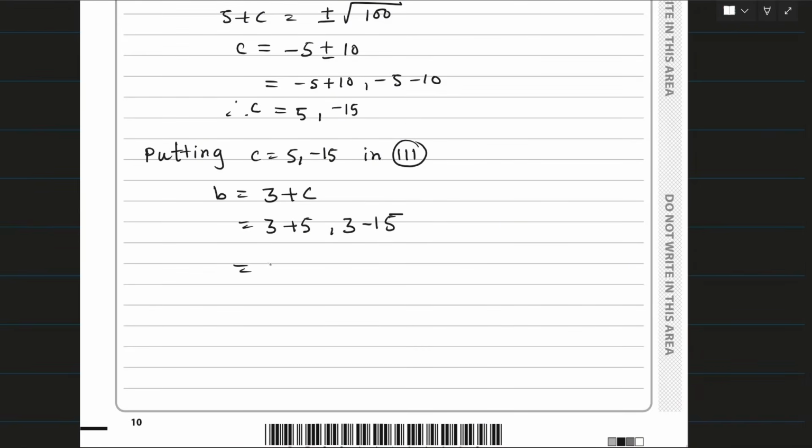Again, for B we have two values: 3 plus 5 is 8 and 3 minus 15 is minus 12. So there are two values for B, and from this we see that there are two sets of values for B and C.